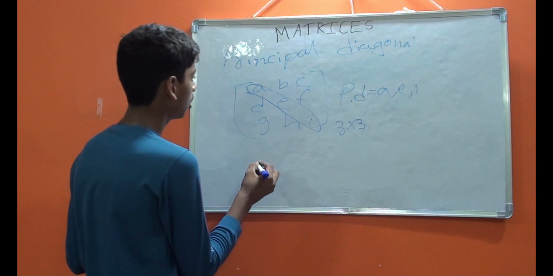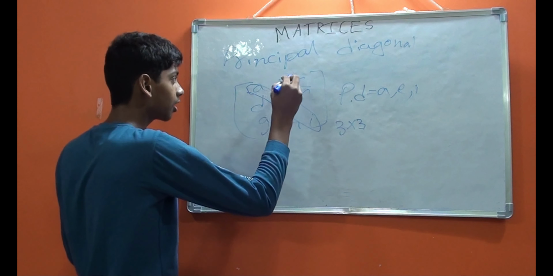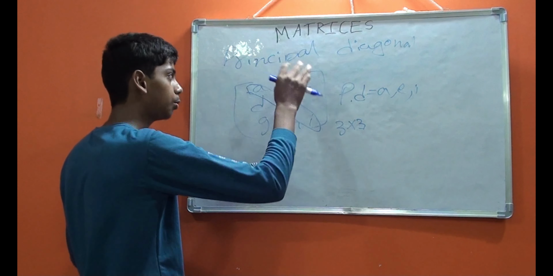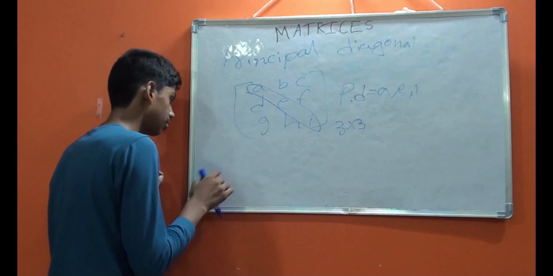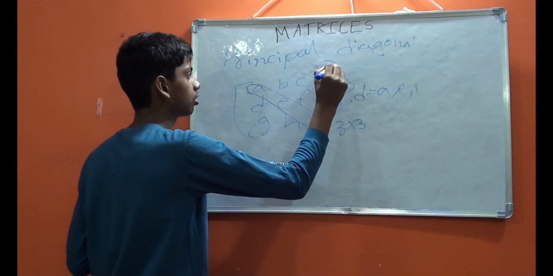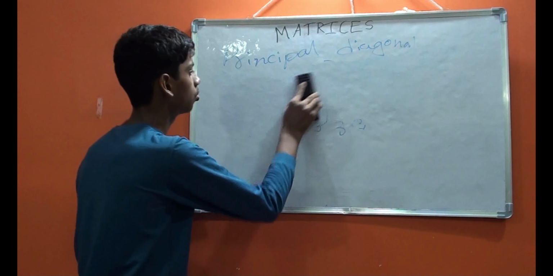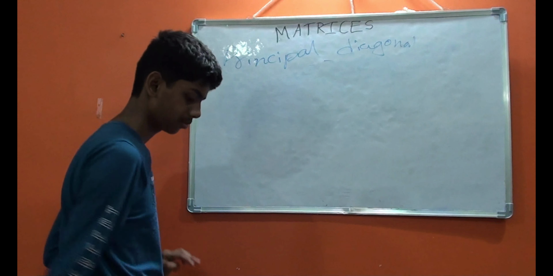By the way, the principal diagonal cannot occur from the top right corner to the bottom left corner. So this is wrong. Principal diagonal occurs only in square matrices.